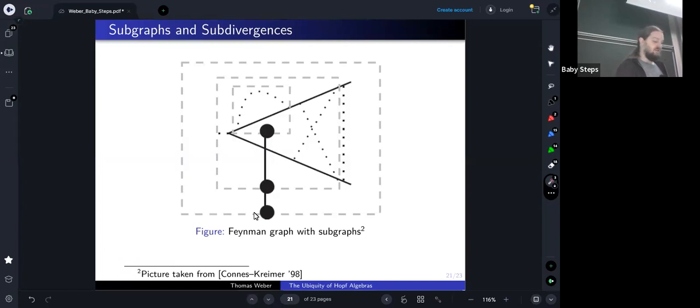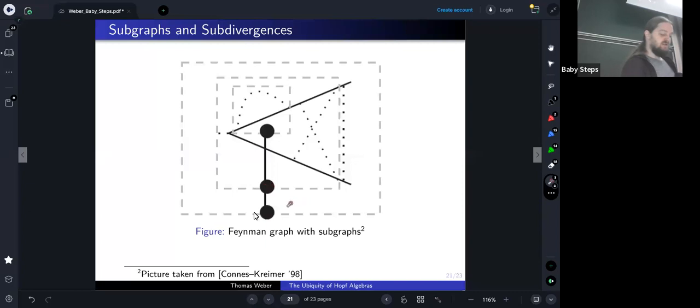Yes, so I think this slide here is helpful. The tree really corresponds to the subgraphs. You have the root, which means it's all of the graph, and then there are certain ways to find suitable subgraphs, and the subgraphs correspond to other branches of your tree.